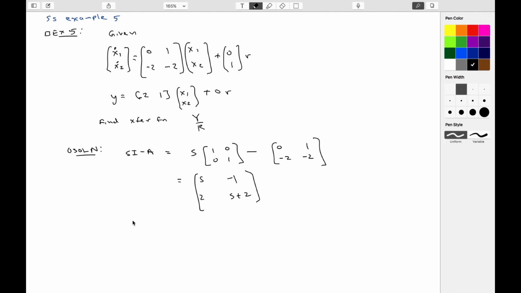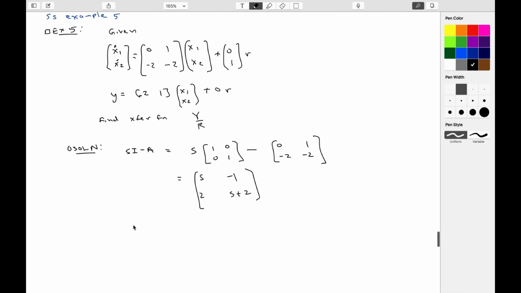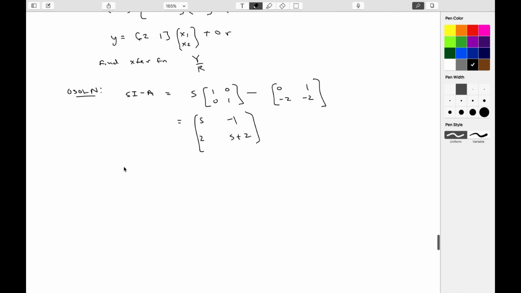Alright, next thing I want to do is take the inverse of that. So to do that, all I've got to do is do some switching of locations of some of the entries, and then divide by the determinant.